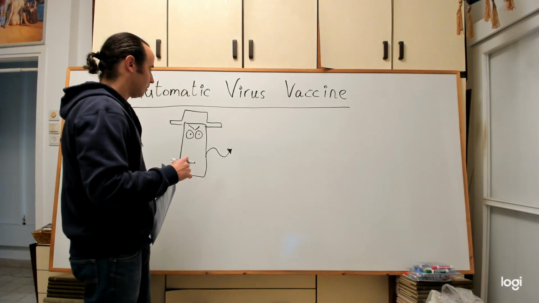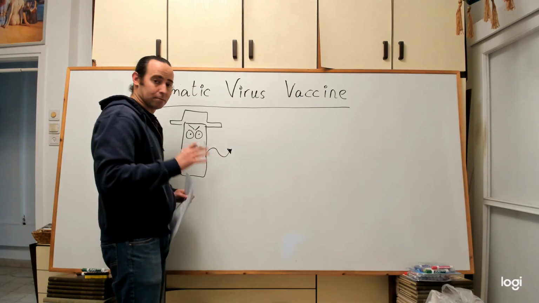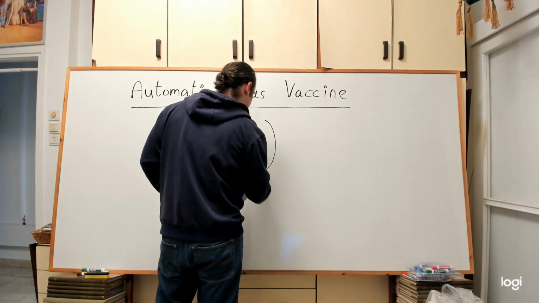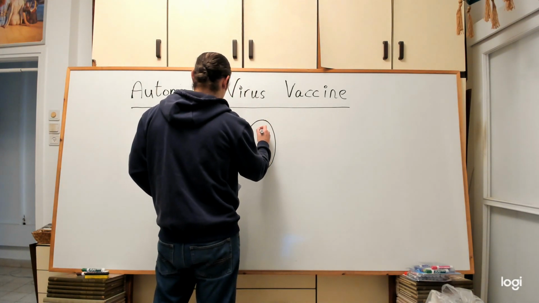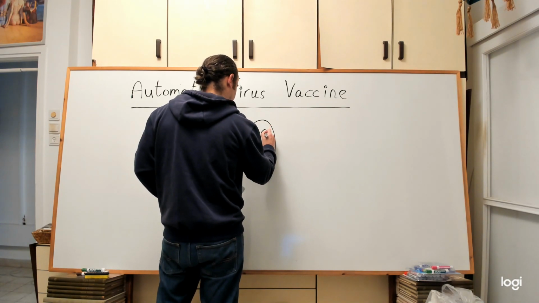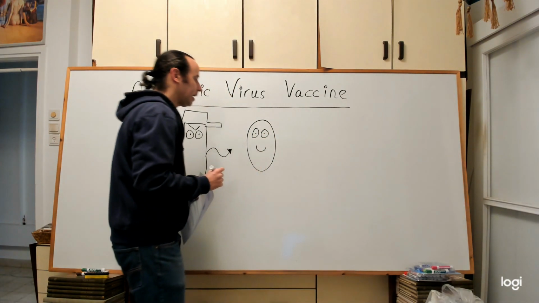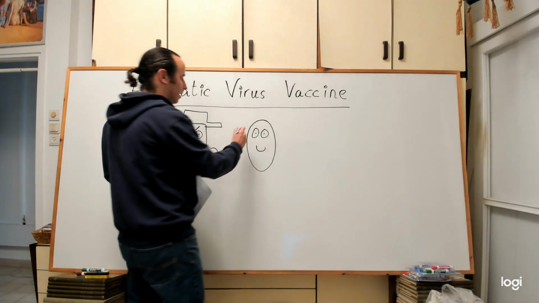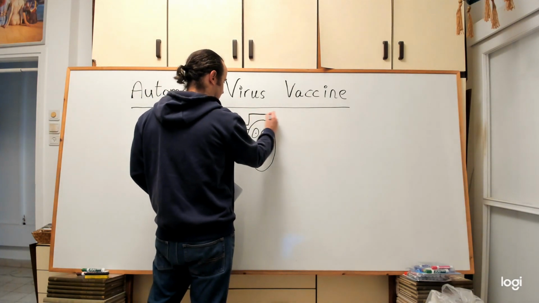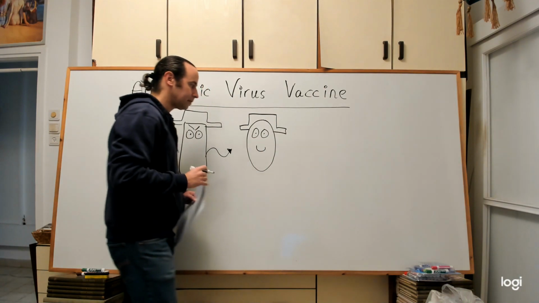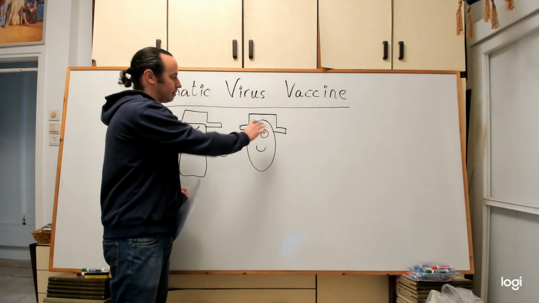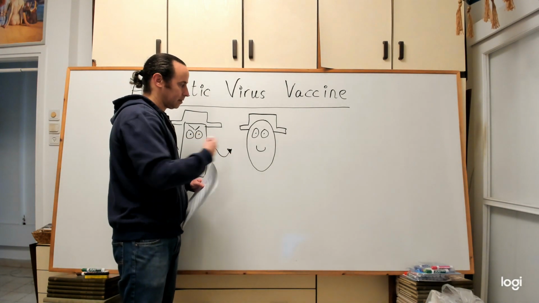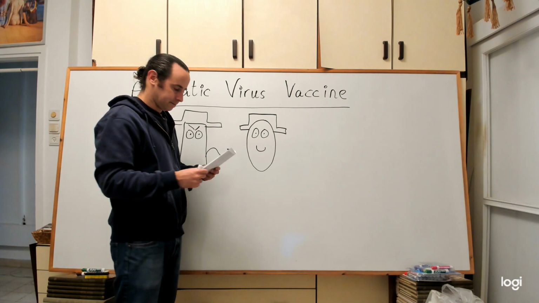So they take something typical that they find, they put it on a non-lethal virus. This is a non-lethal virus, and they put on the non-lethal virus this typical feature that our immune system can recognize.